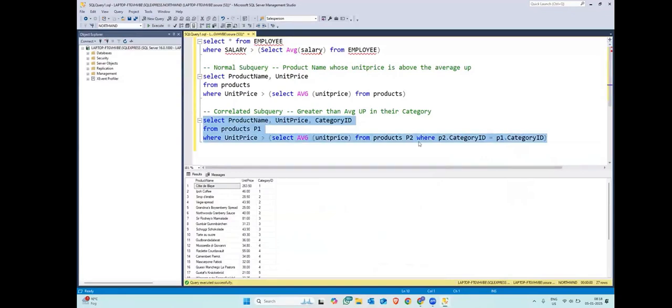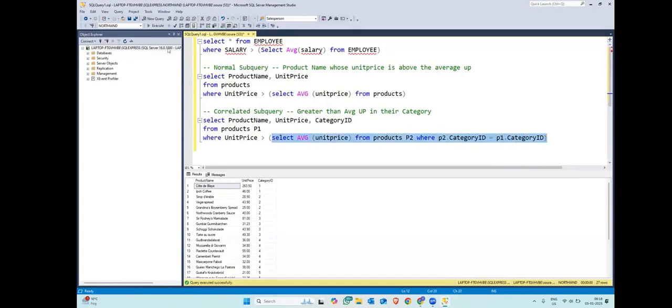But in the background, how is it running? Each and every time we select a product name, this query gets executed for every row in the outer query. Okay, let me explain again. First of all, this is a correlated subquery. I cannot run this alone.